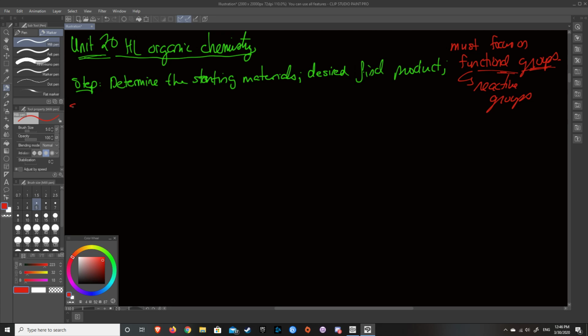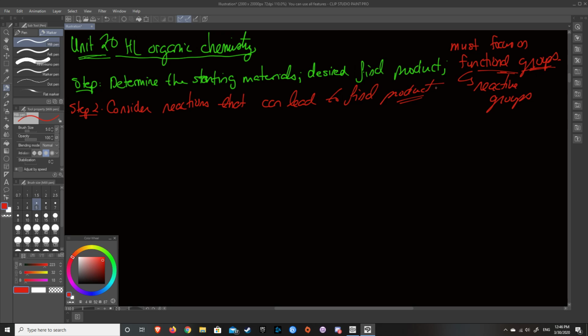So step two is you should consider reactions that can lead to the final product.